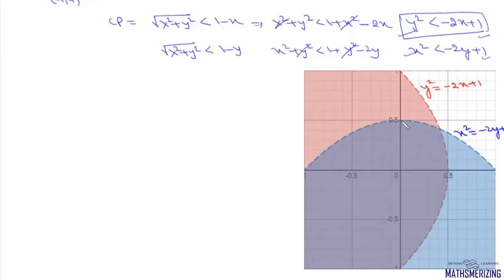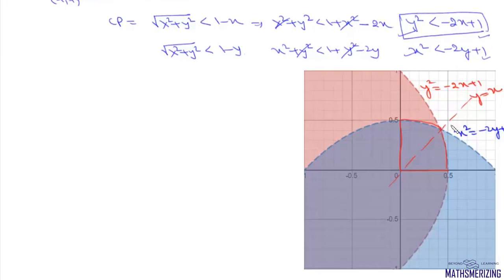Now in the first quadrant, we need to find the area of this region which is common to both the parabolas. Now we know that these two equations are inverse functions of each other. So we'll interchange x and y, then we'll get either of the two equations. So that means this area is symmetric about the y equals x line.